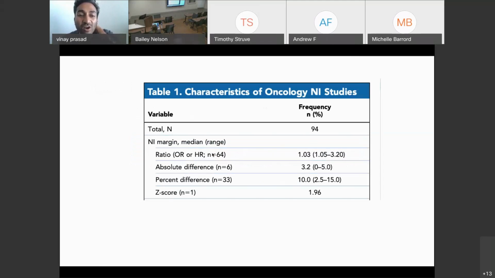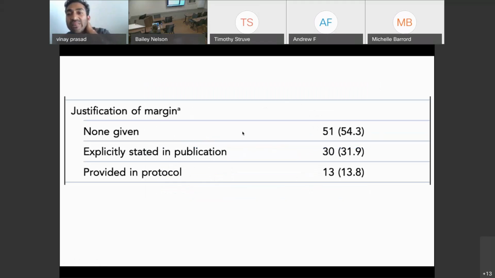One of the things about the margin that we looked at was how often do these use a ratio, absolute difference, percent difference, or z-score, and these are the answers. How do they justify using a margin? Most people don't justify why they pick it. Why is it 1.25 and not 1.2 or 1.1? They really don't justify. Some people tell you in the publication why.